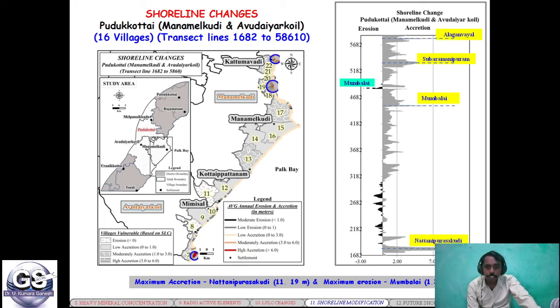Among these villages, Nattani Purasakudi village was noticed with the maximum accretion with a value of 11.19 meters, and the erosion was noticed in the Mumbai village with a value of 1.34 meters.